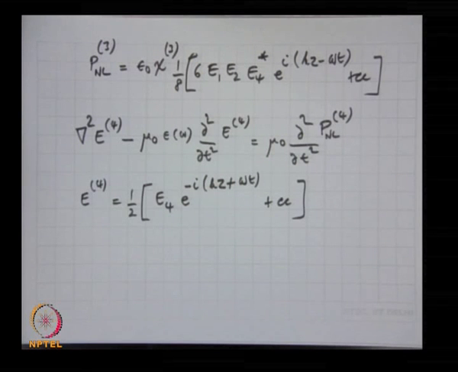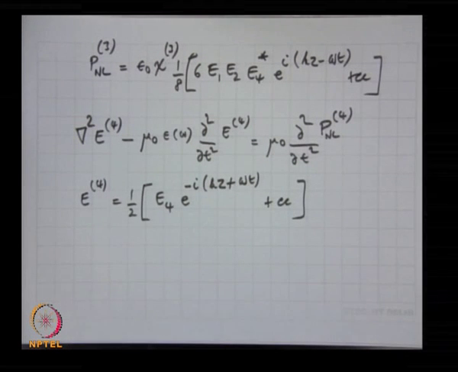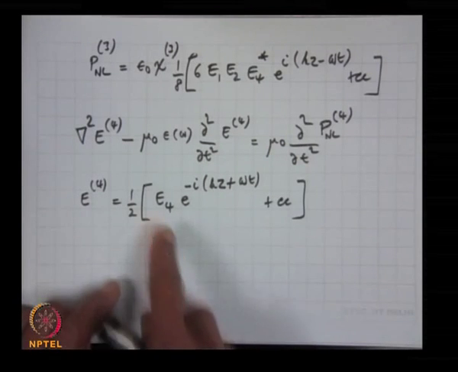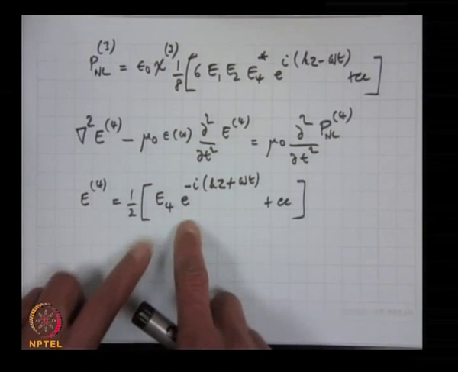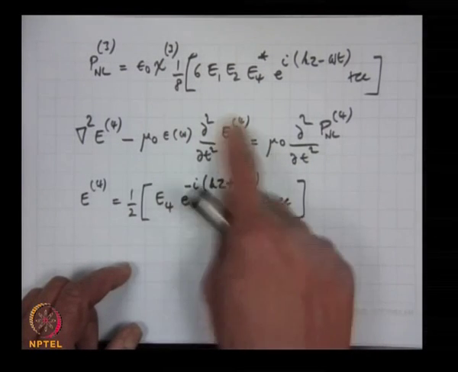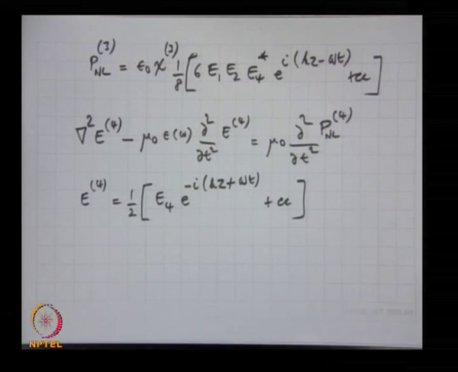So I leave the substitution to you, but as you can already see, the second differential with respect to z actually gives me two terms. One of them will cancel off with this term and one coming from here. So what I will be left with is the following.